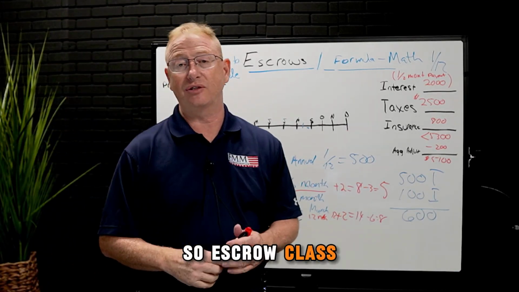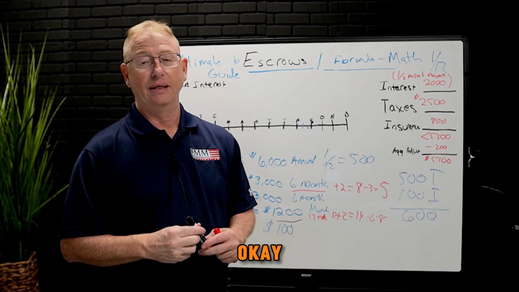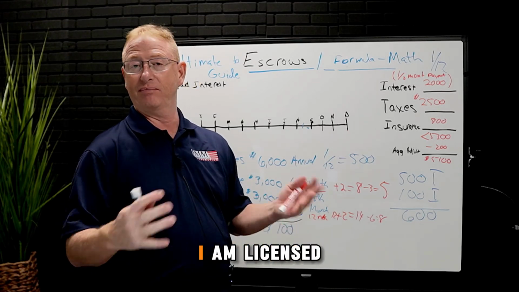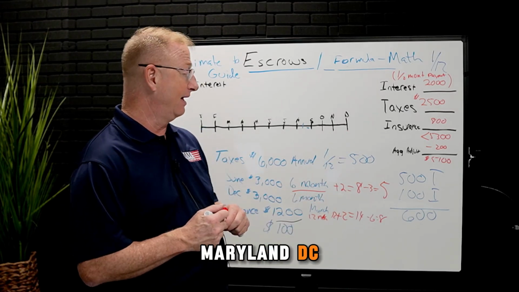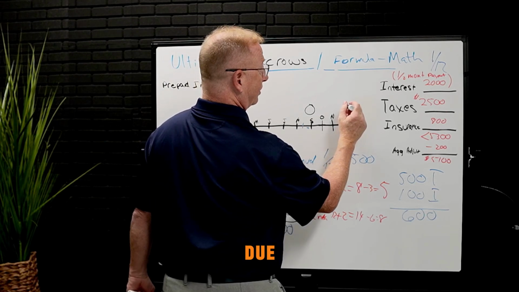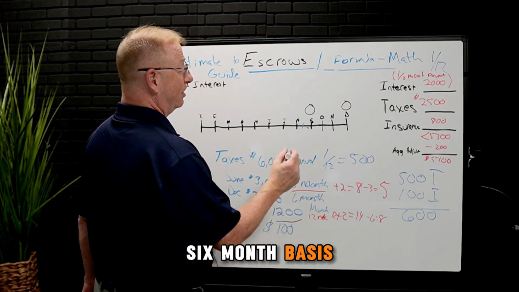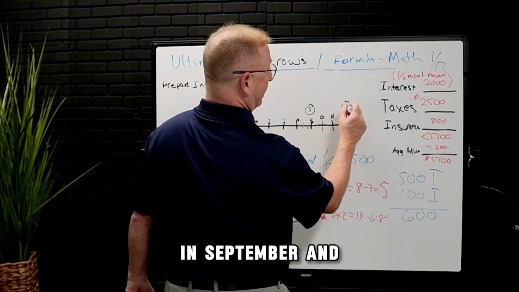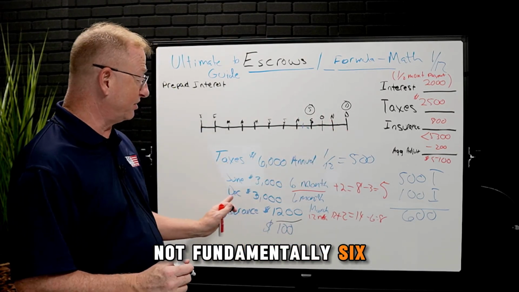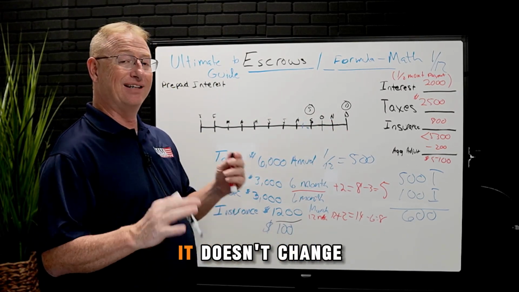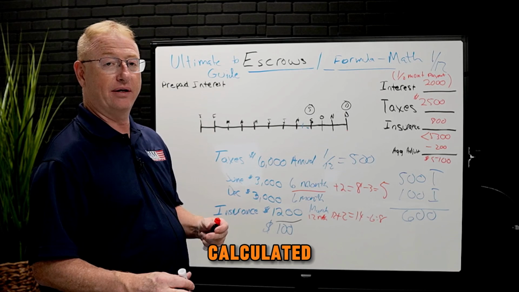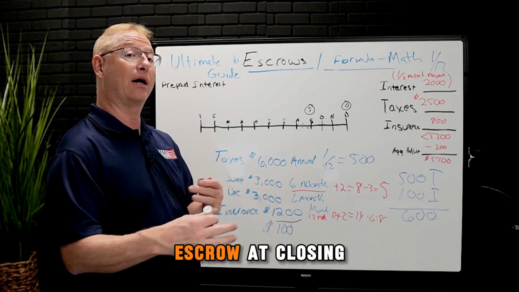So escrow class 103, on the tax bill. This can get a little bit more difficult. I am licensed in Virginia, Maryland, D.C. If in fact your tax bills in Maryland are due not on a 6-month basis, but they're due in September and December, so these are not fundamentally 6 months apart, it doesn't change how the taxes are calculated that you need on your escrow at closing.